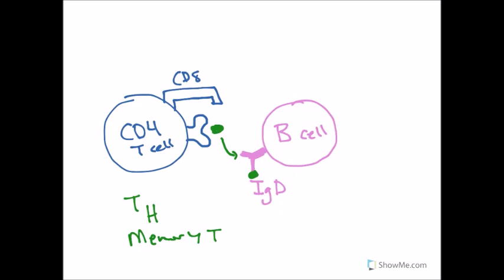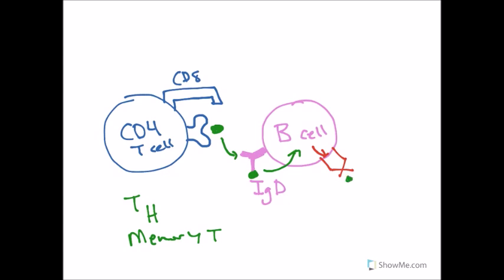Now, what happens is this, if there is an IgD that has a receptor for that antigen, the antigen shows up, either the B cell brings it over, or the T cell brings it over, or it just shows up in the body. It can bind to that, and it gets internalized. And what will then happen is this cell will produce an MHC class II protein, and it will display that.